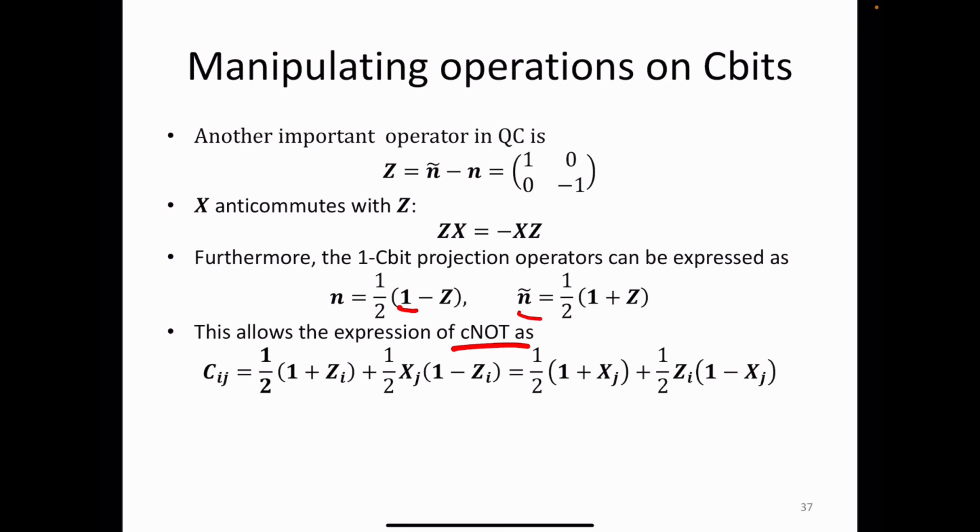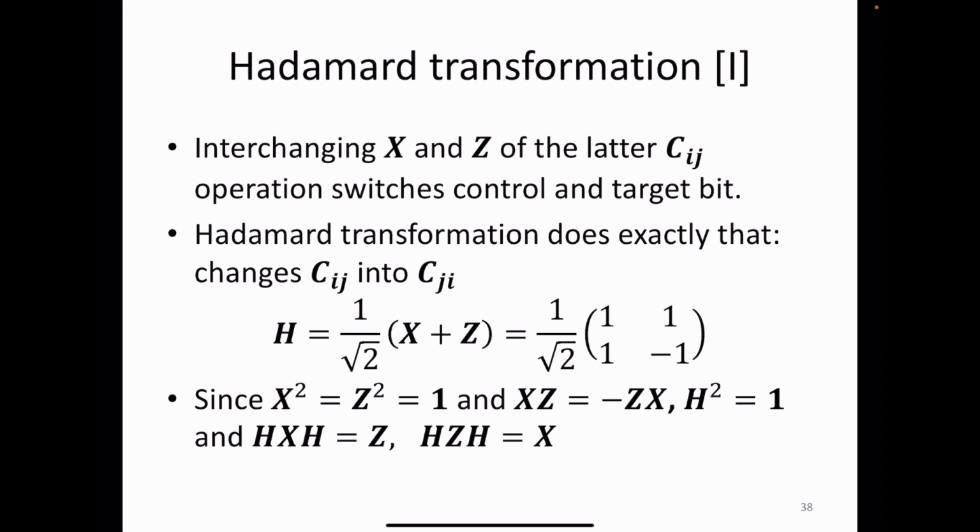Again, I recommend you give that a try and see if you can construct the C knot operator as given by this one here. Interchanging X and Z in the latter Cij operation switches the control and the target bit, and the Hadamard transformation does exactly that. It changes Cij into Cji.